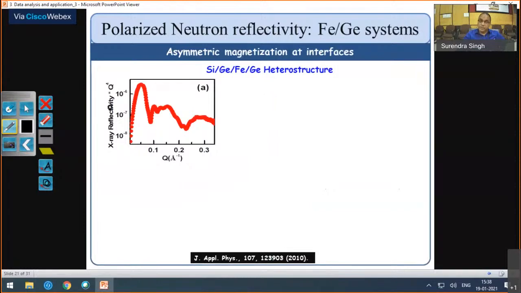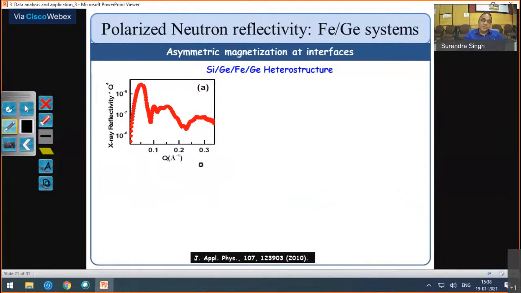That comes to 1 and then it falls as 1 by Q to the power 4. But sometimes to see features at higher Q, we plot the X-ray reflectivity multiplied by Q raised to the power 4, to give a weighting factor. Here also I have plotted the same thing: X-ray reflectivity times Q to the power 4 in the Y direction and Q in the X direction.